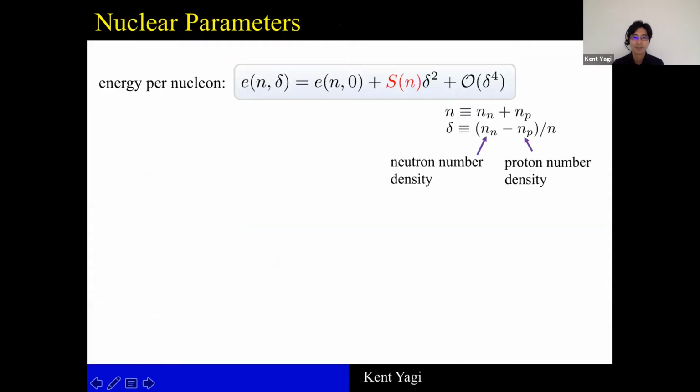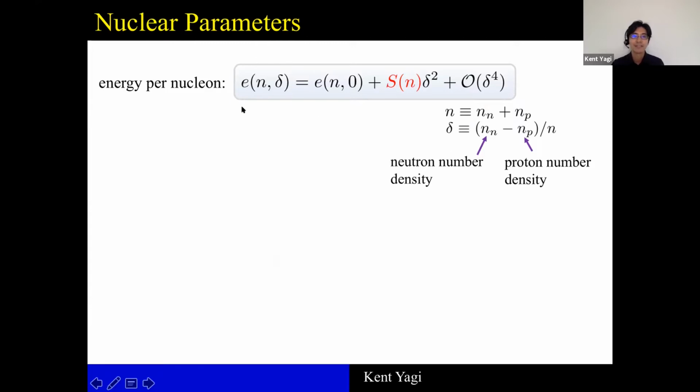We followed the approach that has been taken extensively by nuclear physicists. The idea is to take the energy per nucleon, which depends on two parameters, n and delta. n is the total number density, the sum of the neutron number density and the proton number density. The second parameter, delta, measures the difference between these two number densities, so it is a measure of asymmetry in the nuclear matter.